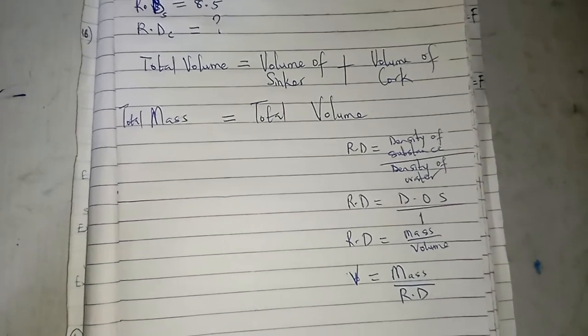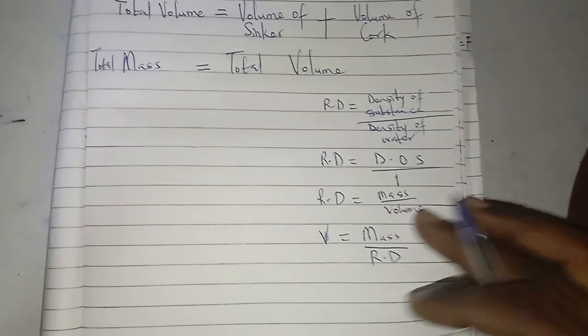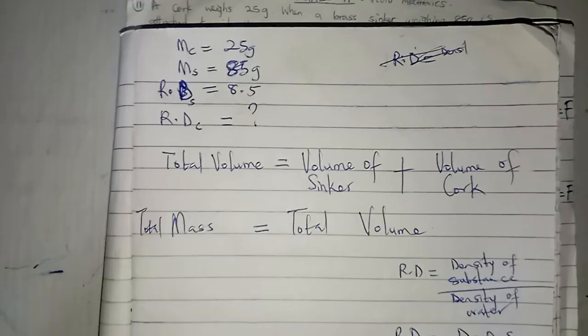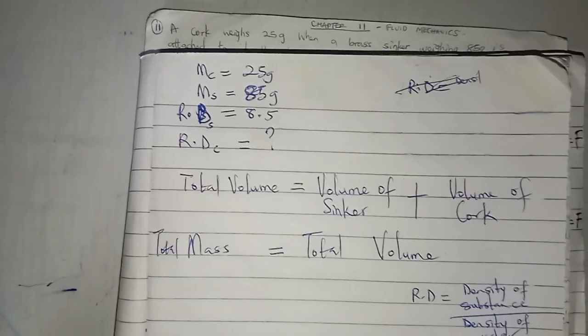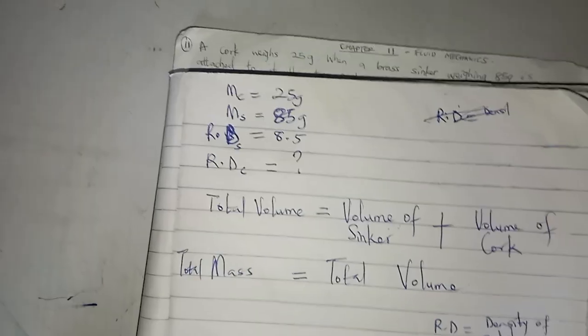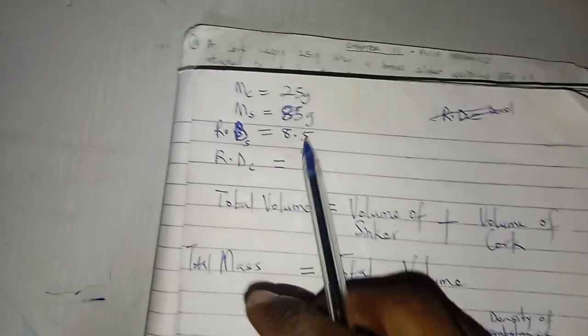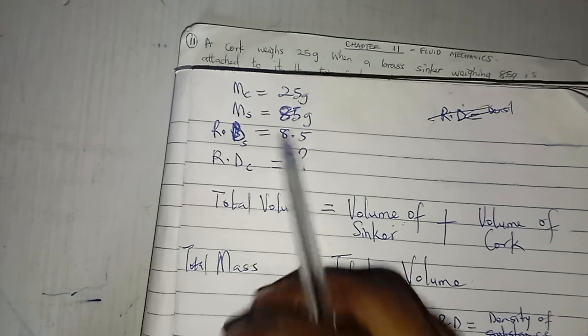Yes. So let's try to apply it here. If I want to get the volume of this sinker, it will simply be the mass given, 85 gram, over the relative density, which is 8.5.